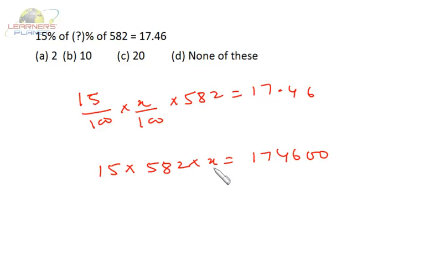Now we have to find out the value of x. Okay. I hope I don't have to tell you the method to calculate the value of x, that you'll be doing on your own, and the value of x will be 20. Okay, let's find it out.